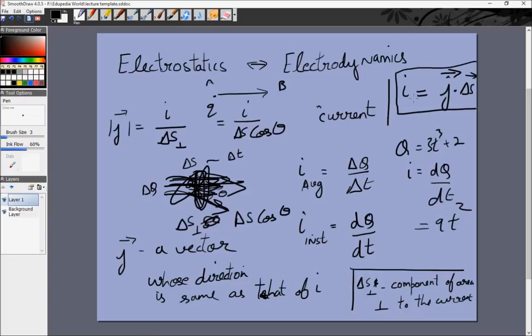This is for a small amount of area, it would be dI is equal to J dot dS. For an extended area, the equation would be total current is equal to the integral over that area of J dot dS.